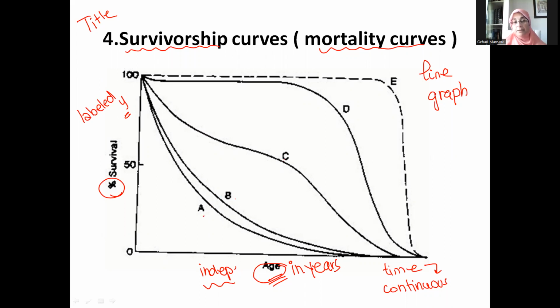And then, for example, we have here 5 line graphs. We have A, B, C, D, and E. Of course, it's obvious that the graphs will differ according to the type of organisms. The survival is the dependent variable, of course. In curves A and B, it's obvious that here we have 100%, meaning that here we have the whole population.